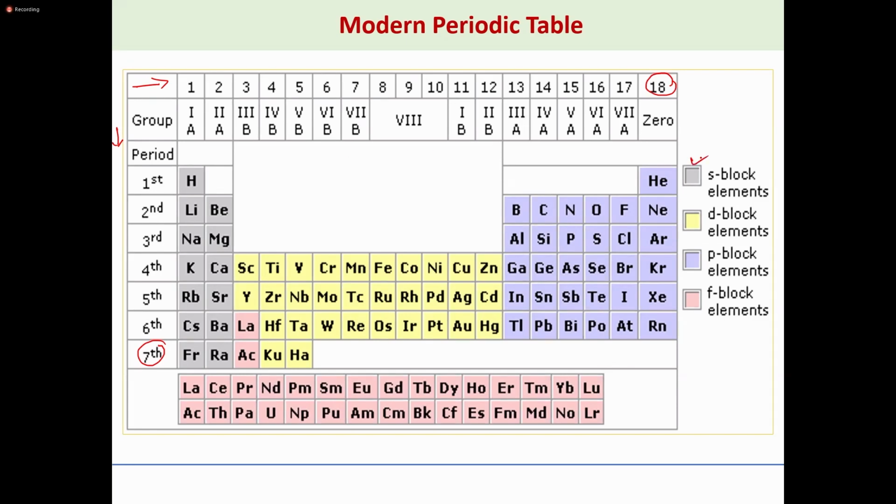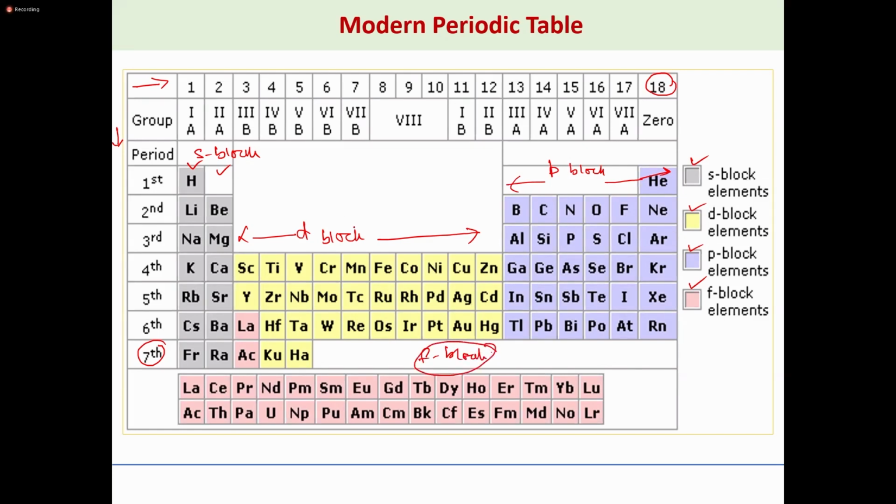One is the S block, second is the D block, third is the P block, and this is the F block. This is the S block element, this is the D block, this is the P block, and this is the F block.